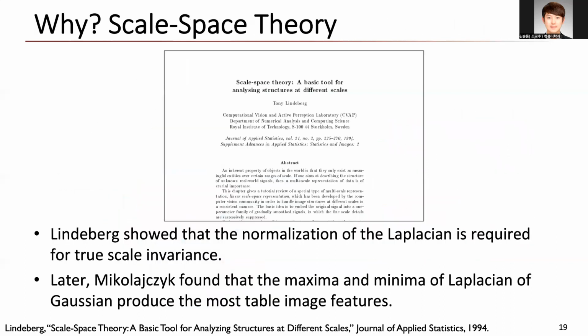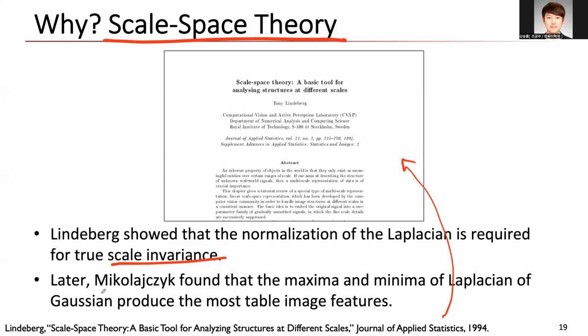Why? It is based on the scale space theory paper in 1994. Very old. It's in the Journal of Applied Statistics. And Professor Lindeberg shows that the normalization of the Laplacian is required for true scale invariance.